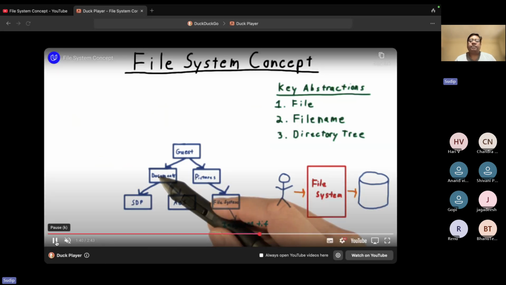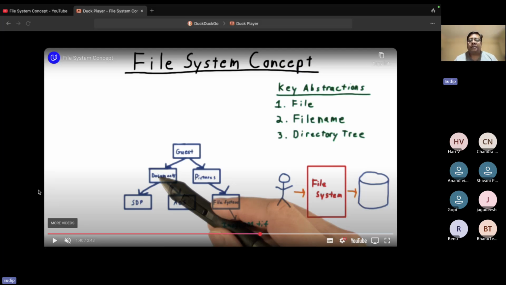So we want to have a larger level hierarchy, and then under that we want to subcategorize all our data, right? So similarly, a file system emulates human thinking, and it allows you to create subdirectories, and under the subdirectories it allows you to create files. And all this hierarchy structure is also maintained by the file system.